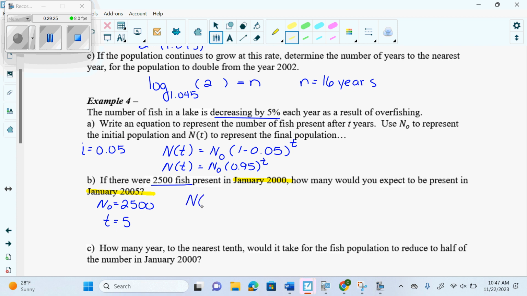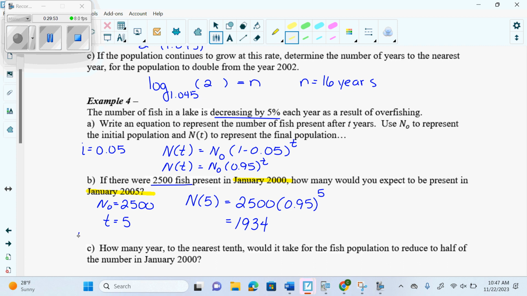So N of 5, technically, equals 22,500 times 0.95 to the 5. Now, should I have more than 22,500 or less than 22,500? Why? It's decreasing. It's below 1, right? Yeah, 1,934 fish.